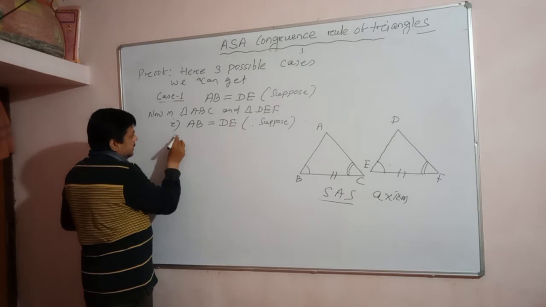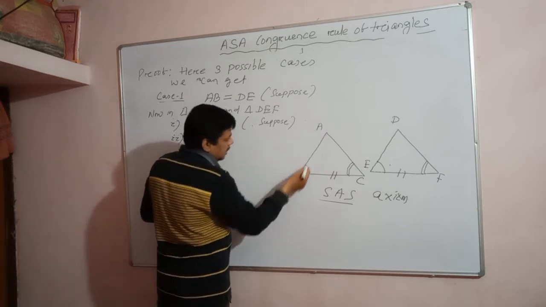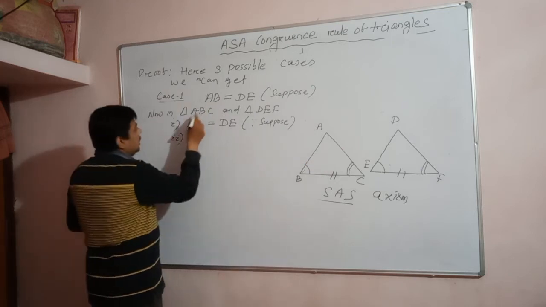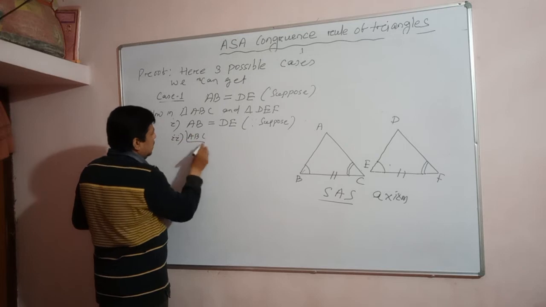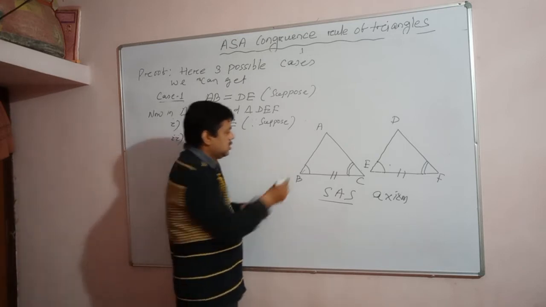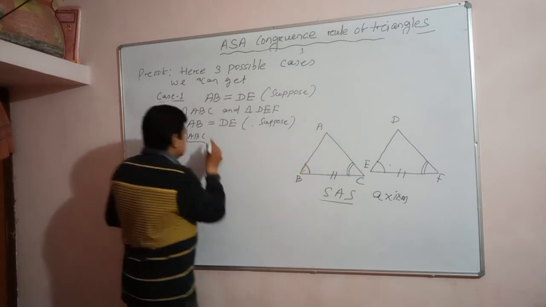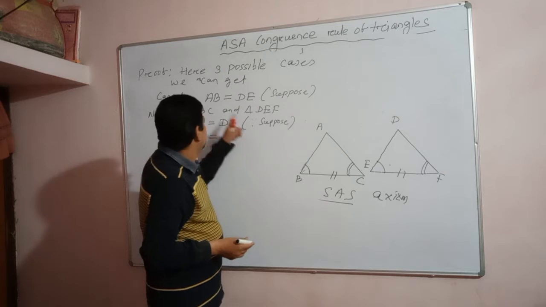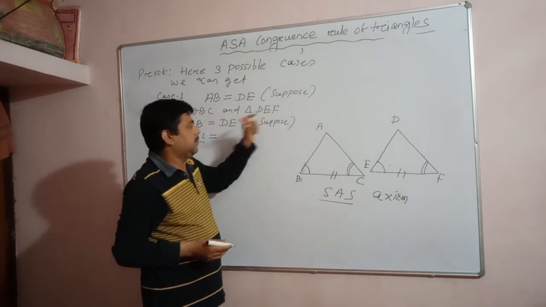The second point is about the B angle. ABC angle means which angle? B angle, equal to ABC. In similar order we can write DEF.